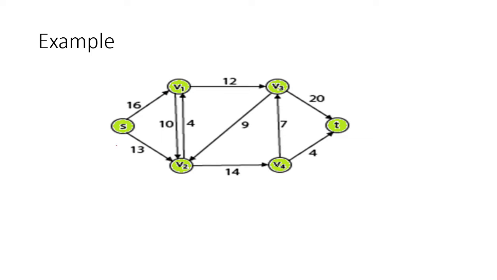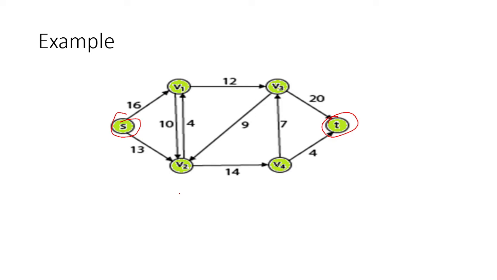This is our graph. Here S is our source and T is our sink, and we have to find the maximum flow of the graph. So how can we solve this problem?